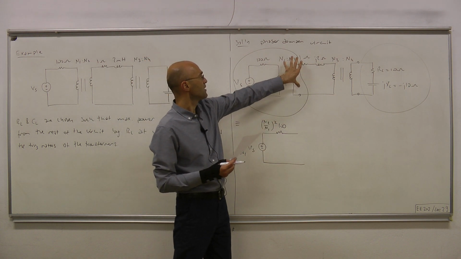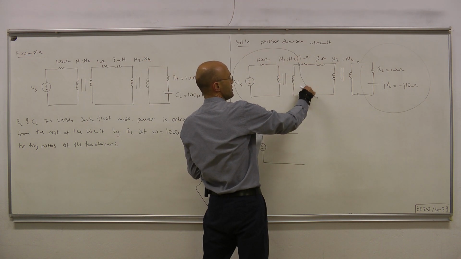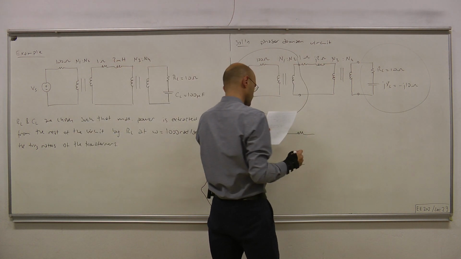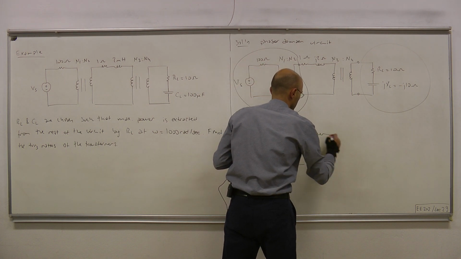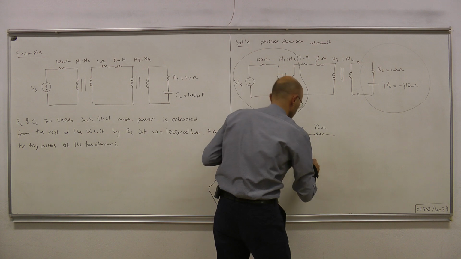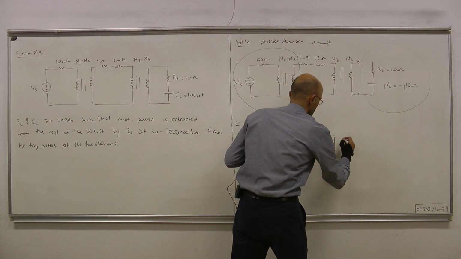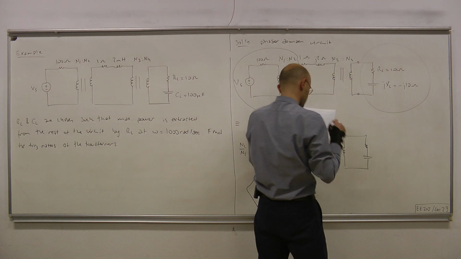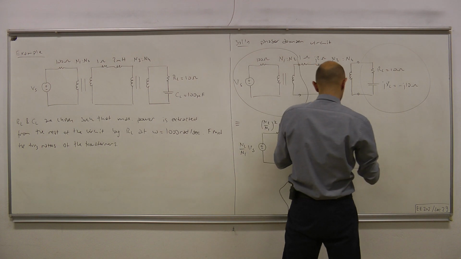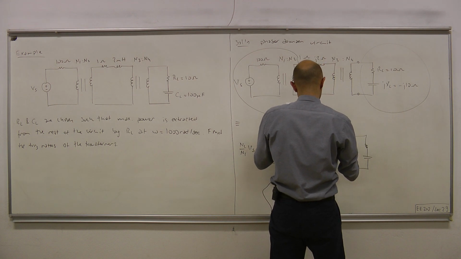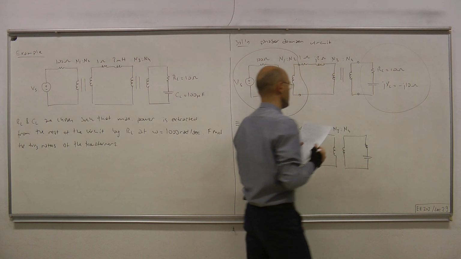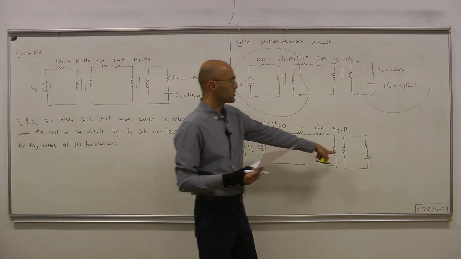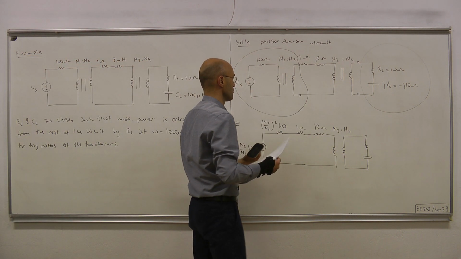And this is the Thevenin equivalent seen from this pair of terminals. And then we have the rest of the circuit: 1 ohm, j2 ohms, and we reach the other transformer, N3 and N4. Let's do this transformation once again, this time for the other transformer.